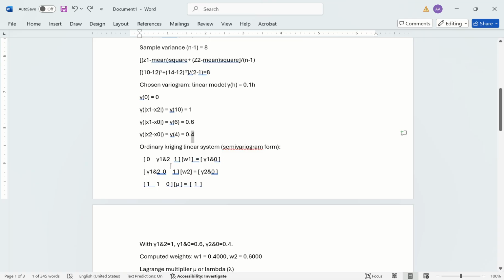Then we have the ordinary Kriging linear system in semi-variogram form. In matrix form, the semivariances of point 1 with point 1 and point 1 with point 2, plus the Lagrange constant lambda, you know the Kriging equations.